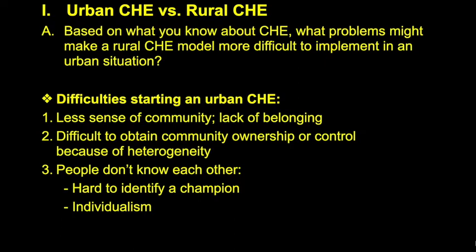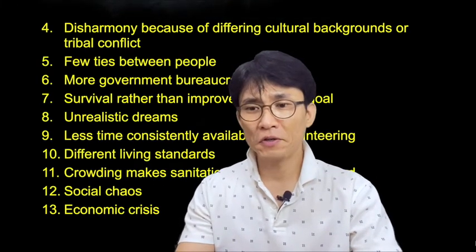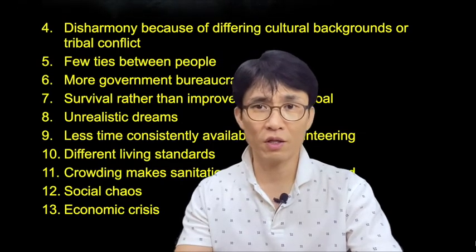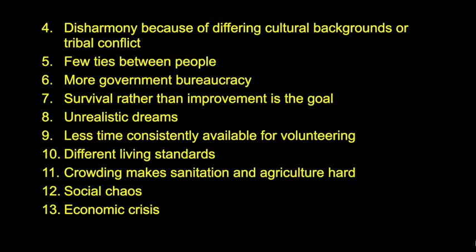And people don't know each other. It is hard to identify the champion, and there is individualism. There is disharmony because of differing cultural backgrounds or tribal conflicts, few ties between people, and more government and volunteering, and survival rather than improvement is the goal.